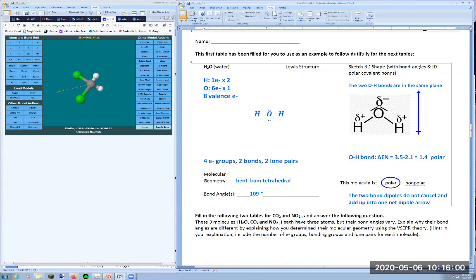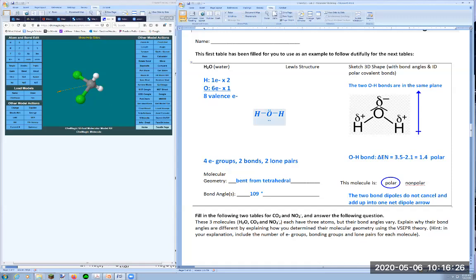So hydrogen, group number 1A, will bring 1 electron. And there is 2 electrons in the formula, so you multiply by 2. Then oxygen, 6 electrons, there is 1 oxygen, and then you add everything, so it's 6 plus 2, 8 valence electrons that you will need to distribute for the water Lewis structure.